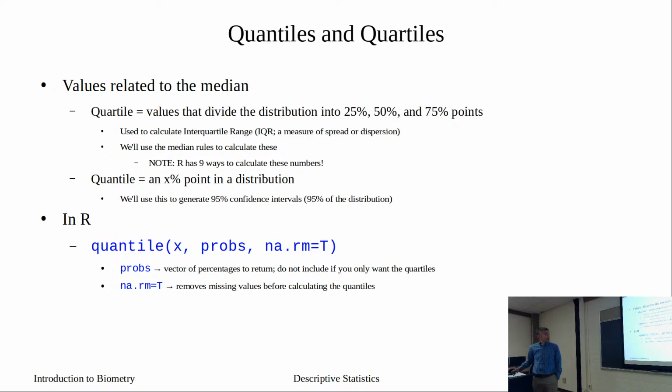And then the quantile is the percentage point in our distribution. Why do we do these? The quartiles are used to calculate the interquartile range, or IQR. IQR is a non-parametric equivalent of our standard deviations, a measure of the spread of our data. If we're going to analyze medians, because maybe we are not normally distributed, we shouldn't be using standard deviations or standard error or confidence intervals.